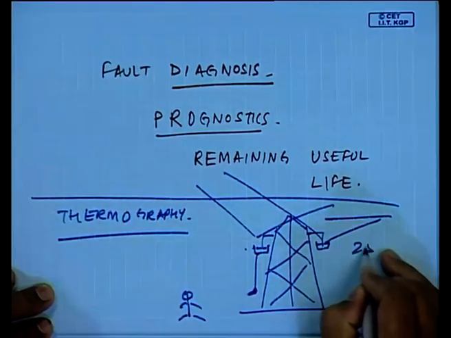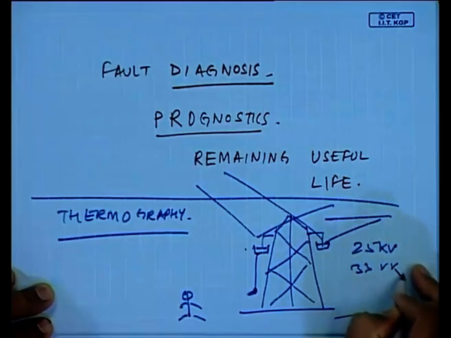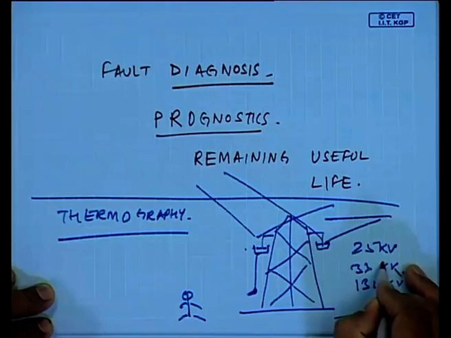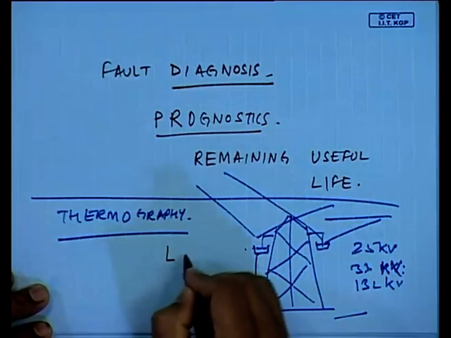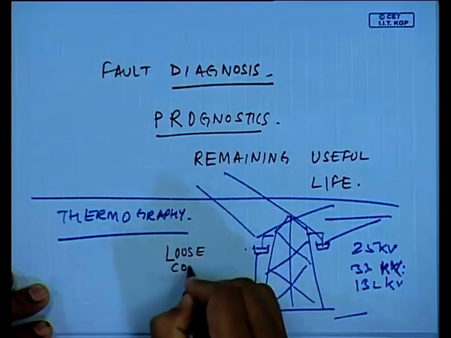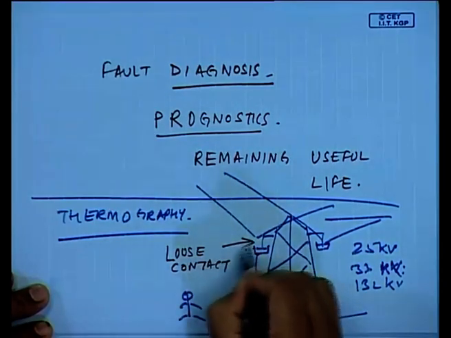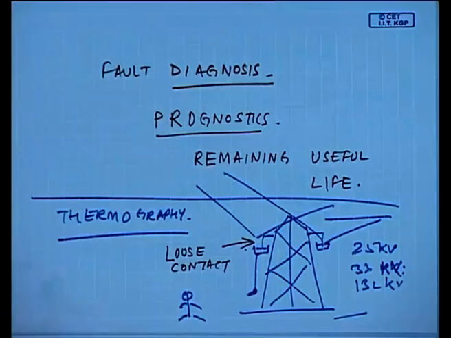Obviously these are 25 kV or 33 kV lines or 132 kV lines, and they are transmitting electrical power. Now imagine if there was a loose contact in this switch gear. Because of the loose contact, there will be arcing and heat generation, and there will be loss in power transmission. In fact, this is a case study reported by the Andhra Pradesh State Electricity Board.